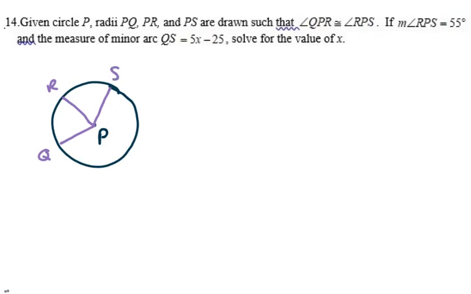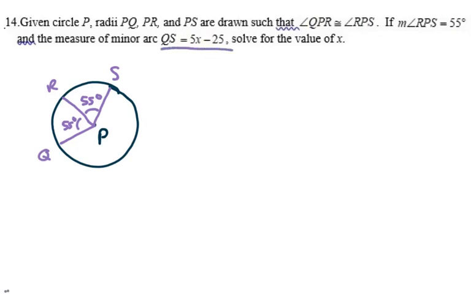They're drawn such that the angle QPR is congruent to angle RPS. So we know that these two angles are equal to each other. We're also given that angle RPS is equal to 55 degrees. Therefore, this angle also has to be equal to 55 degrees.